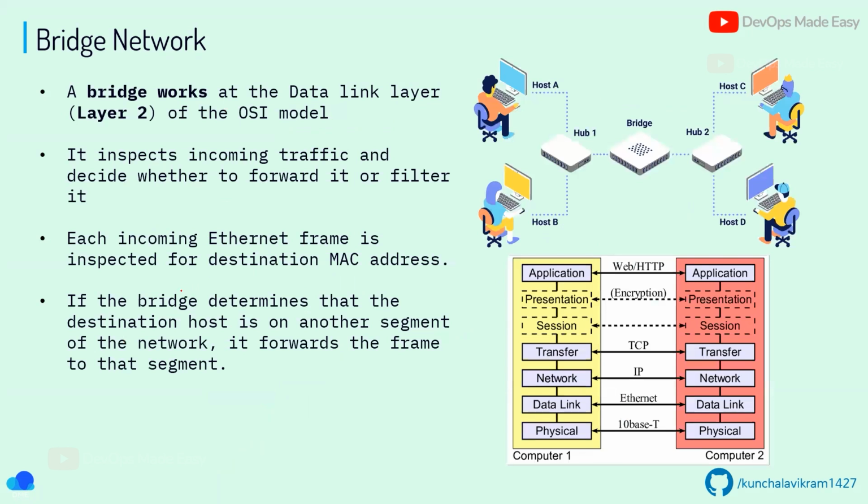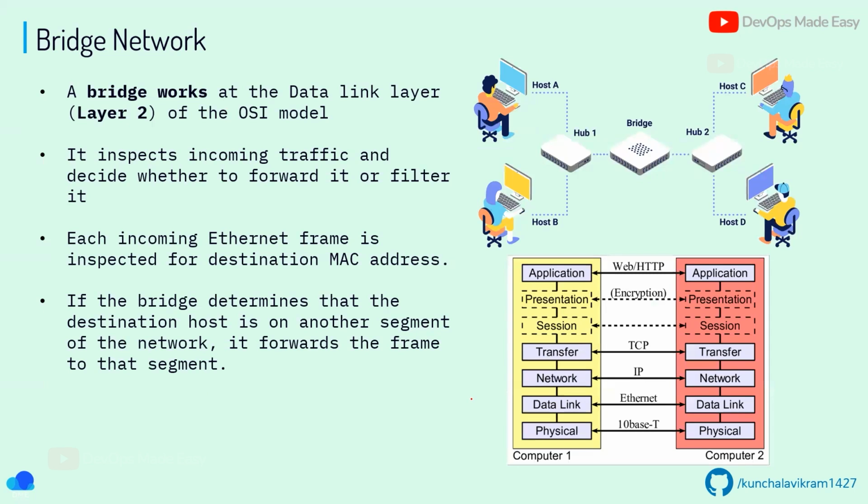So this is a bridge network. Basically, a bridge network works on layer 2, it is not layer 3. Layer 2 means it works on the data link layer. It purely works on the Ethernet addresses, or the MAC addresses.